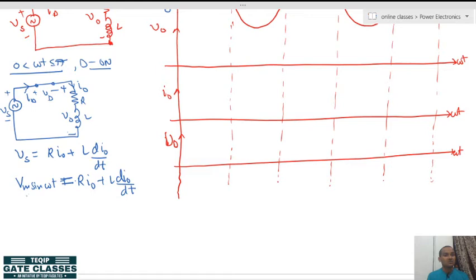To solve this kind of equation, a linear non-homogeneous differential equation of first order, we have to use the method of complementary function and particular integral, which you have learned in your mathematics courses. When you solve this, we will get two parts of current.